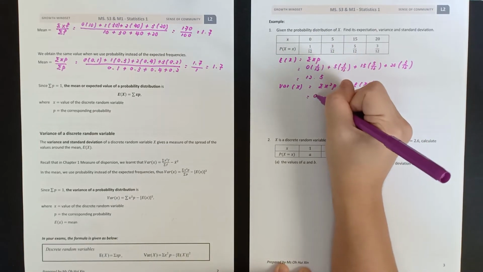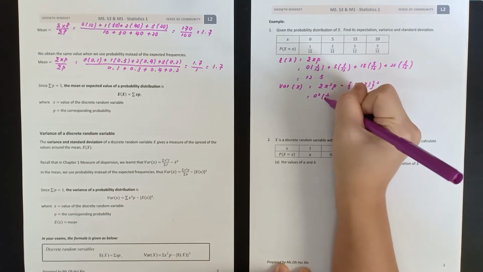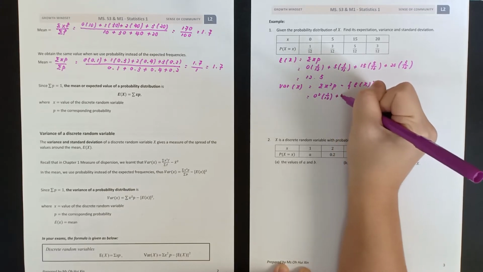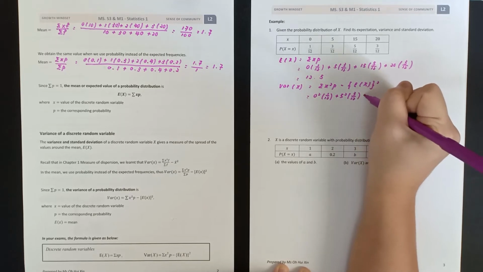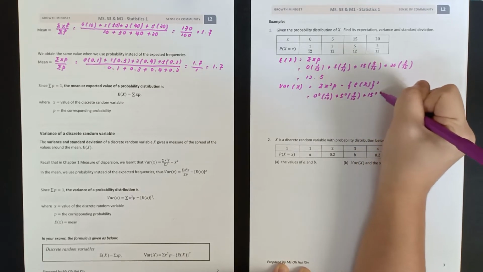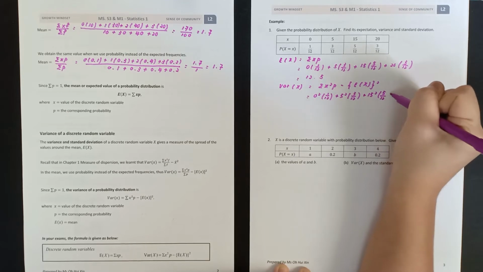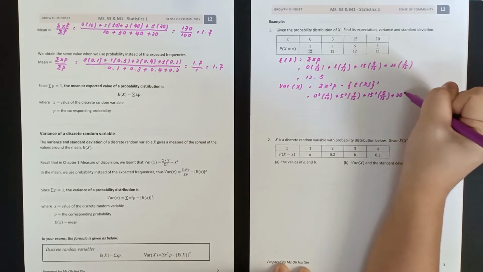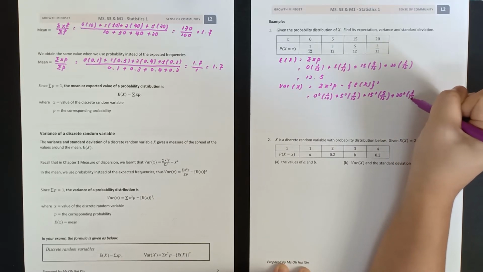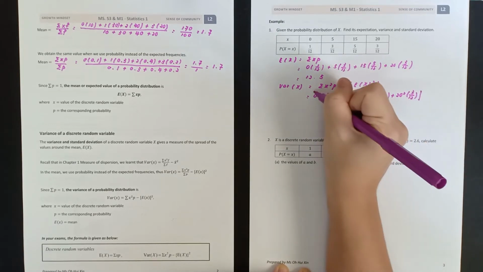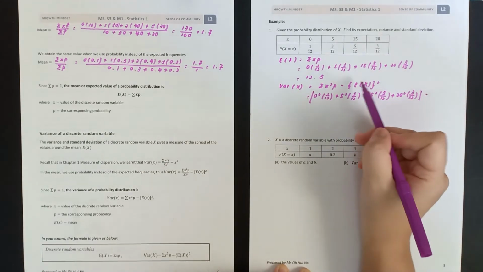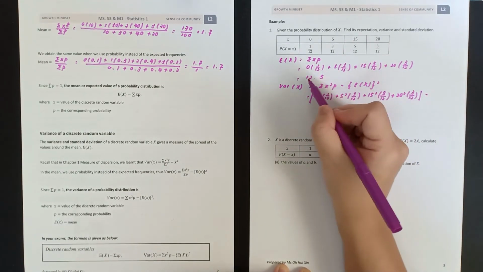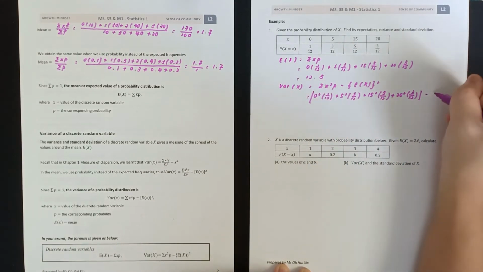So 0 squared times the probability, plus 5 squared times the probability, plus 15 squared times the probability, and plus 20 squared, same thing, times the probability. Everything here you add up together, then minus your mean squared. The expectation that we found here is 12.5, squared.